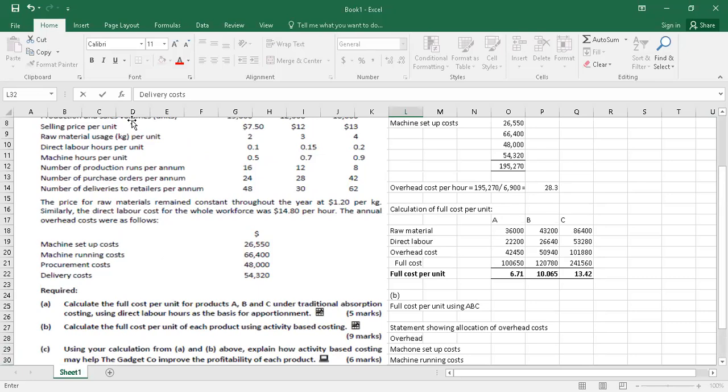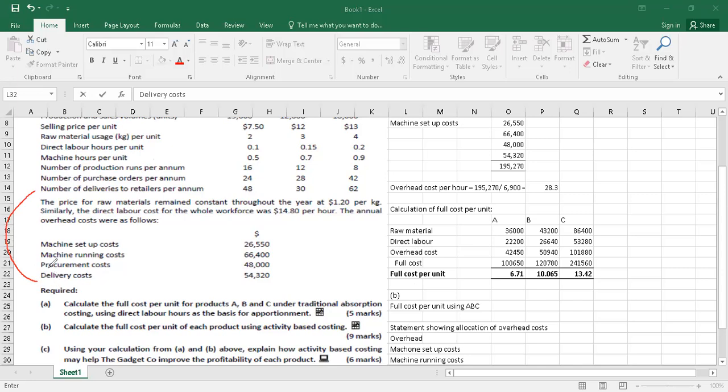In this list we have selling price, direct material, direct labor, machine hours per unit, number of production runs per annum, purchase orders per annum, and number of deliveries to retailers per annum. Delivery cost will go to delivery, so the driver should be a suitable one: the number of deliveries to retailers per annum.